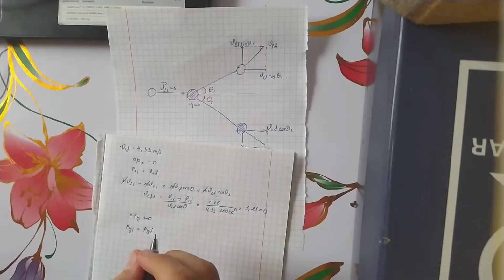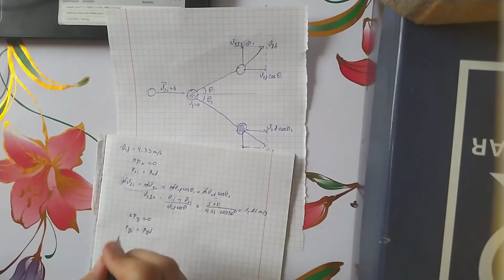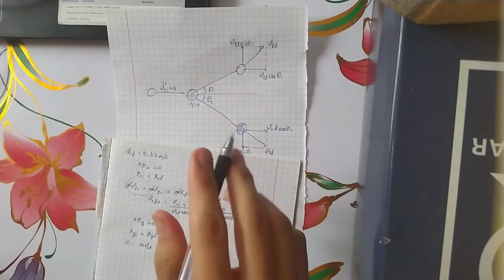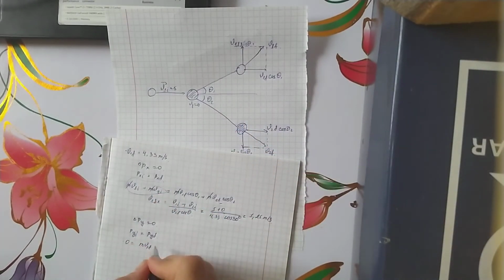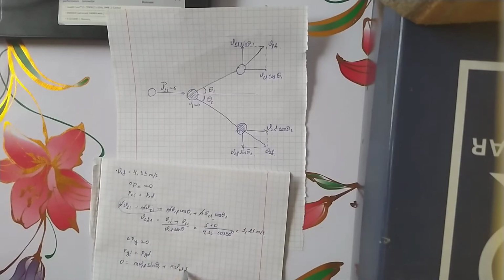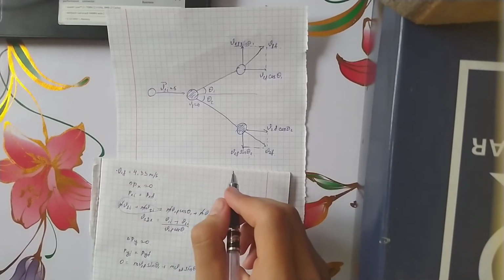So the y direction is equal to 0. 0 equals m v1 final sine theta 1 plus m v2 final sine theta 2, this component.